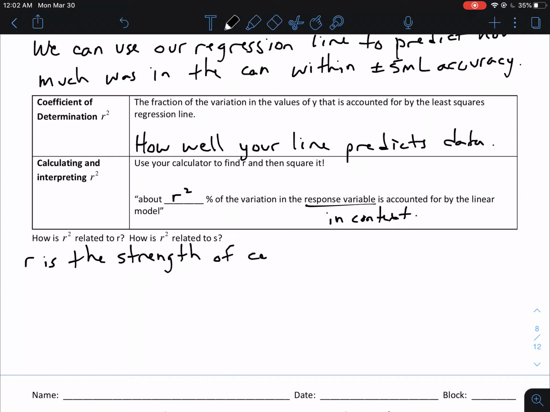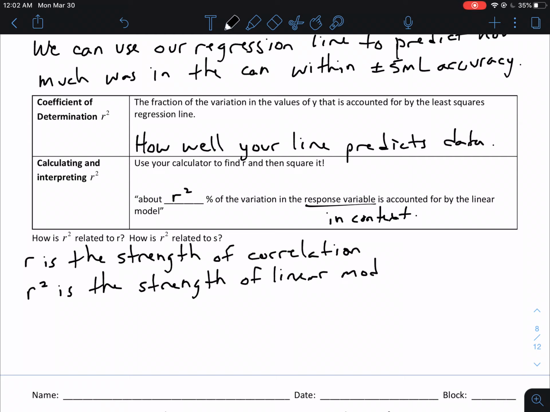So when you're looking at the strength of the correlation, how closely your points fall into place, that is what r is describing. R squared is the strength of the linear model. So for one, you're just looking at the data points. For r squared, you're looking at how well your line fills in all those data points. So one is focused just on the points, the other is focused on the line.